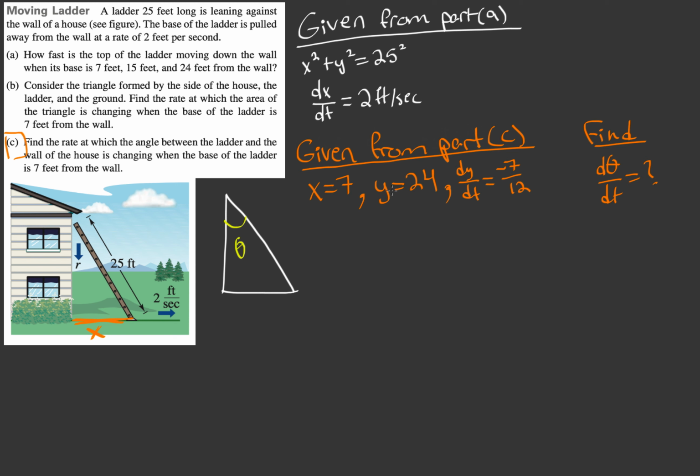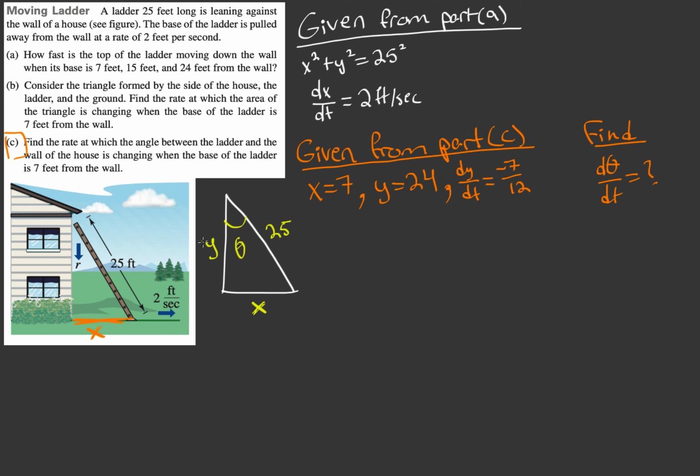So now we have x, y, dx dt, and dy dt, so we are quite ready to find this answer. How are we supposed to relate all this in an equation? If this is our ladder, our wall, and our base, we have x over here, y over here, and then 25. We want to relate theta to x and y because these are the variables that are changing.